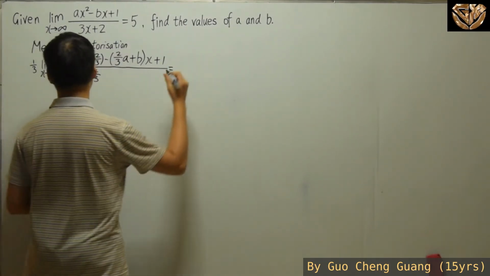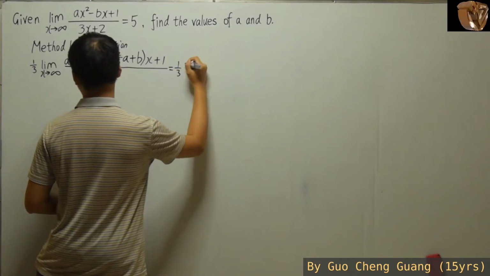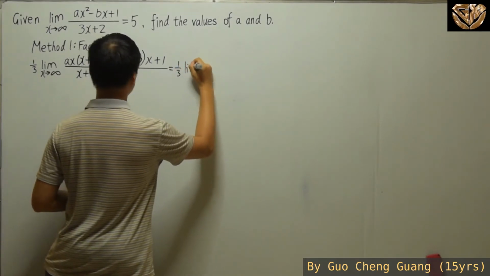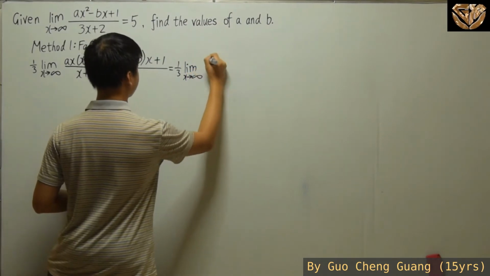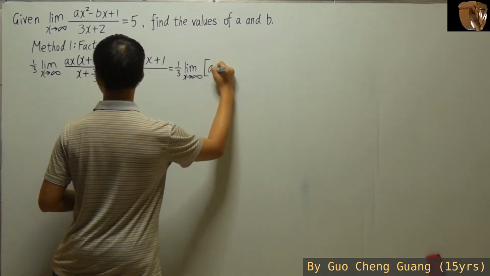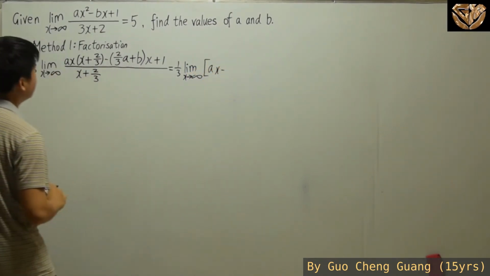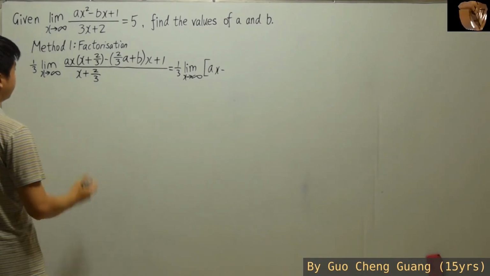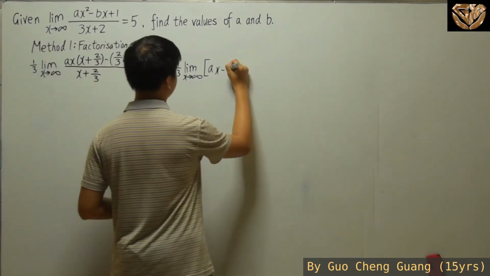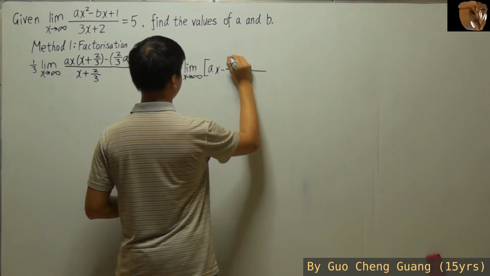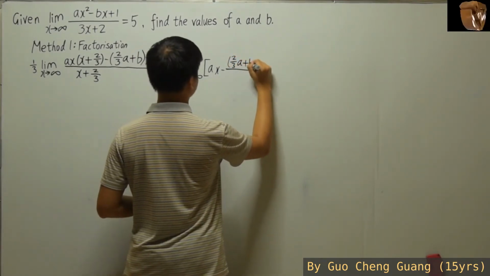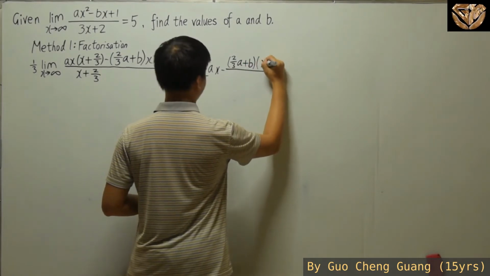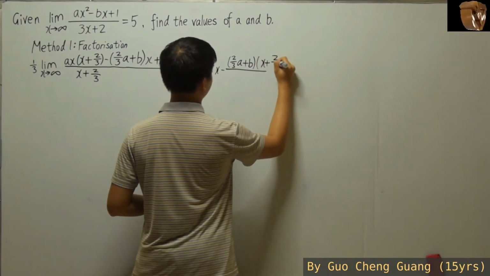Next, we are going to essentially use partial fractions to separate them, and you're going to see ax minus. So next step we need to do, once again, change this x into x plus 2 over 3.